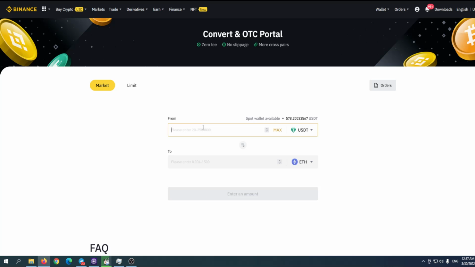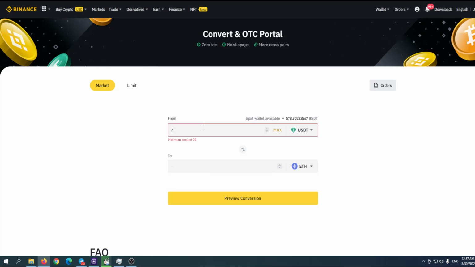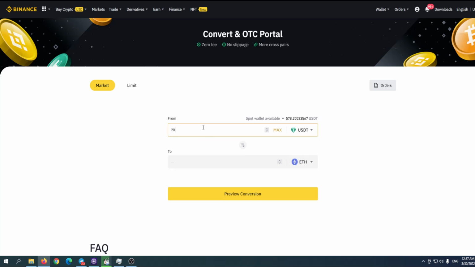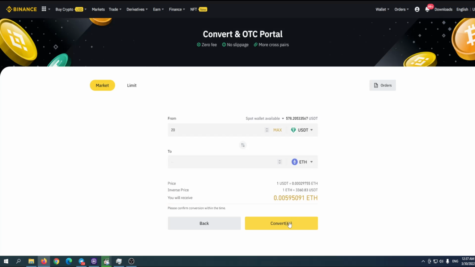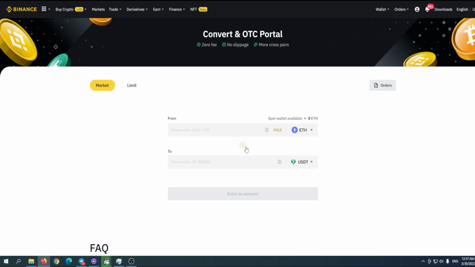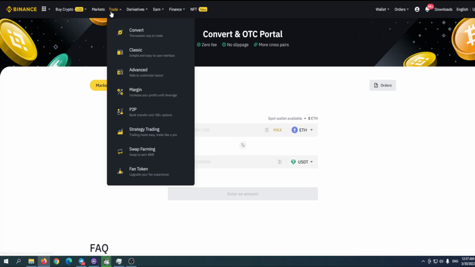Let's say I want to buy using my Tether, USDT, then click on preview conversion and then click on convert. Okay, but I don't want to do that. Of course, it's the same if you want to sell Ethereum and get any stable coin. It doesn't have to be USDT. You can go with USDC as well.